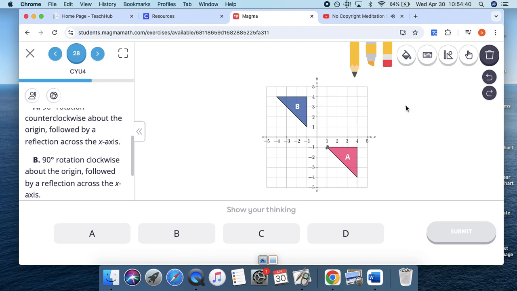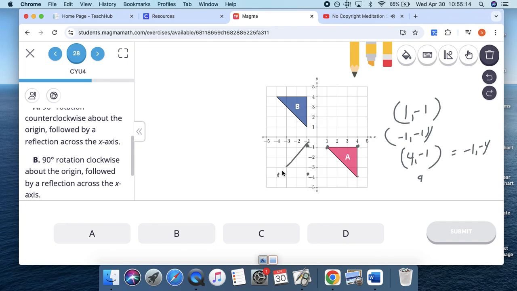Let's make that 1, negative 1. 1, negative 1 rotated, right? It's going to land here. So it'll be negative 1, negative 1, right about here. And if I take this point, which is 4, comma, negative 1, and again rotate it clockwise, it would be negative 1, negative 4. And then this guy over here would be 4, negative 4 right here. So after a 90-degree rotation clockwise, it stays over here. Is that a reflection? Yes.